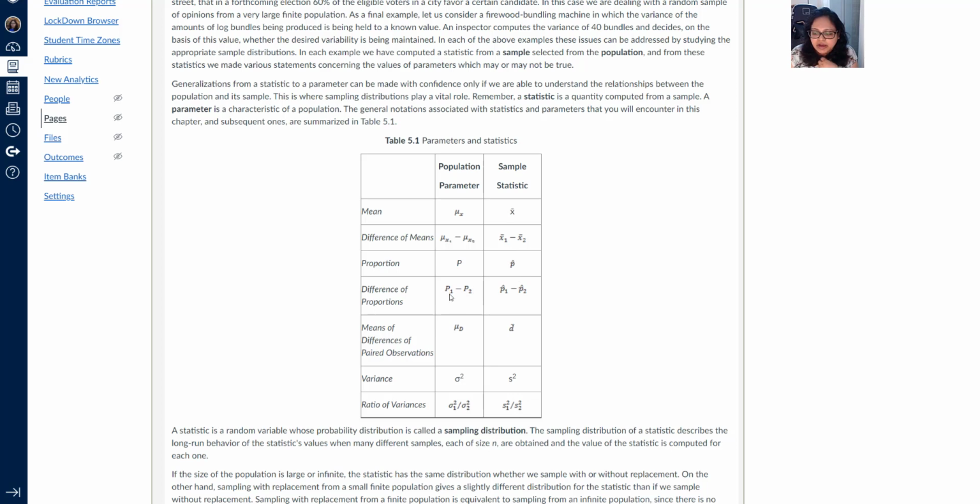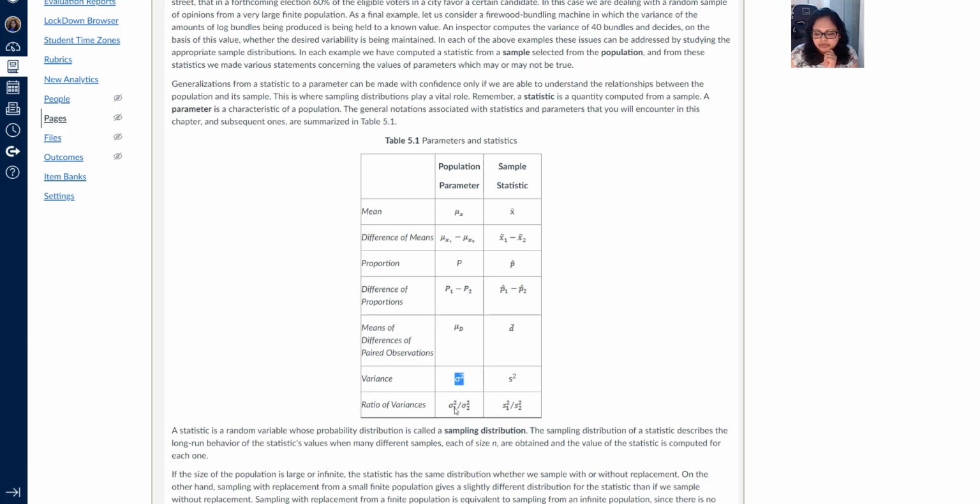Same thing if we are interested in finding the distribution of the difference between two proportions, then we can take the difference, and in the sample we take the sample and take the difference between them and make a distribution. Same thing for the difference between paired observations, and then we can also talk about the variance.